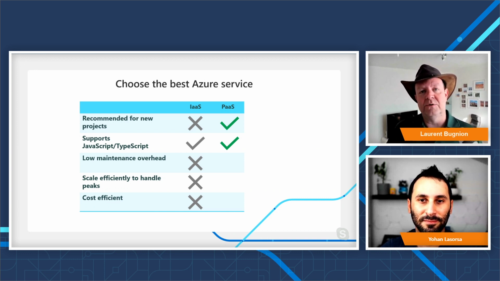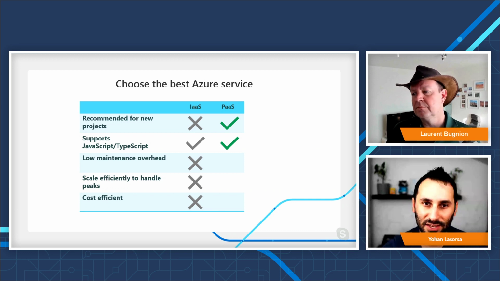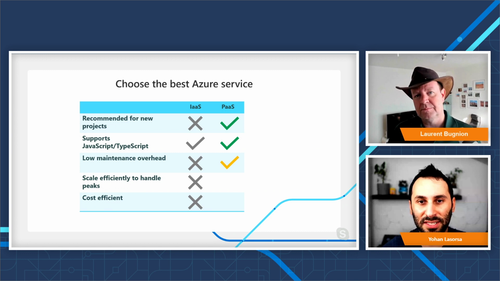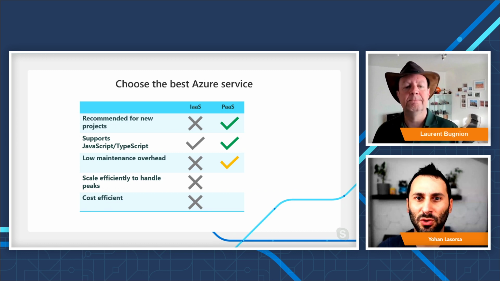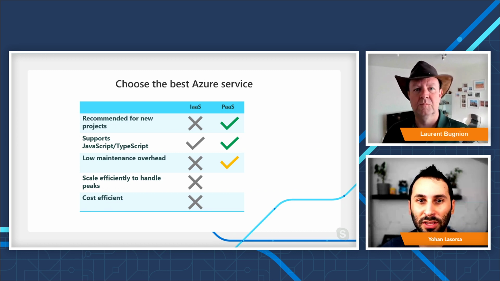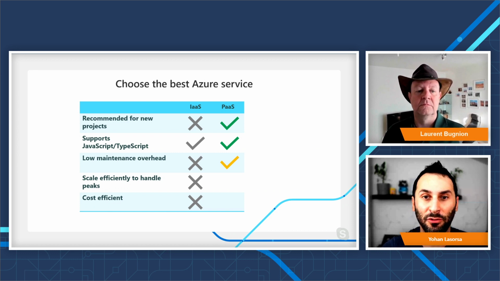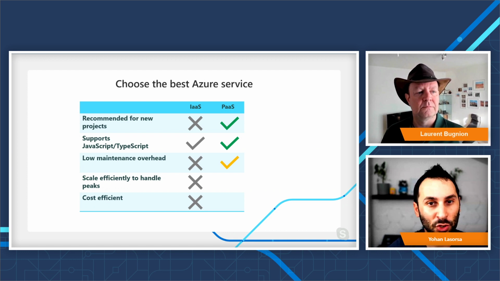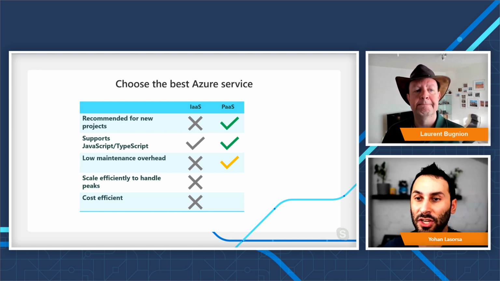Low maintenance overhead. What would you say about that? I would say it's definitely better, as we just saw, than using a virtual machine, but it's not an all-automatic solution. For example, if we are talking about Azure App Services, which is one of our PaaS offerings, if you're developing a JavaScript application, you will still have to upgrade manually, choose the right runtime, the right Node.js version you want to use, and it won't update it for you.